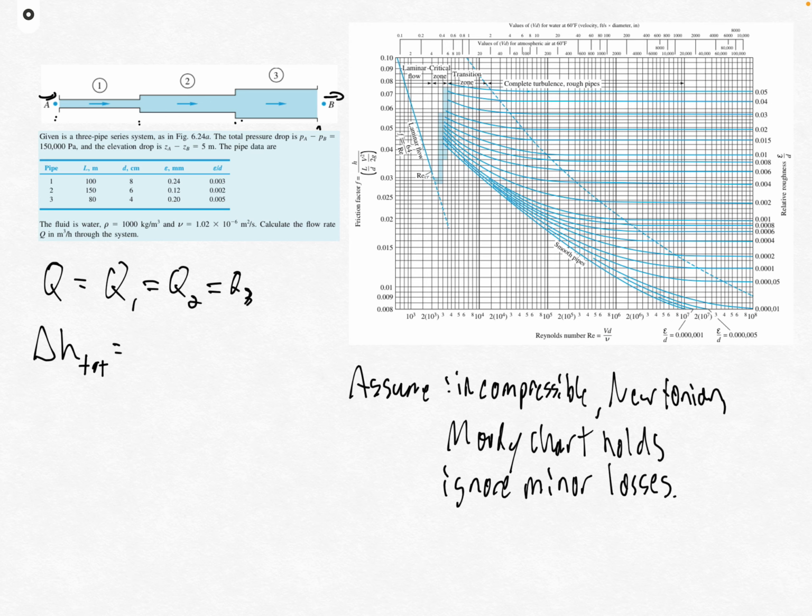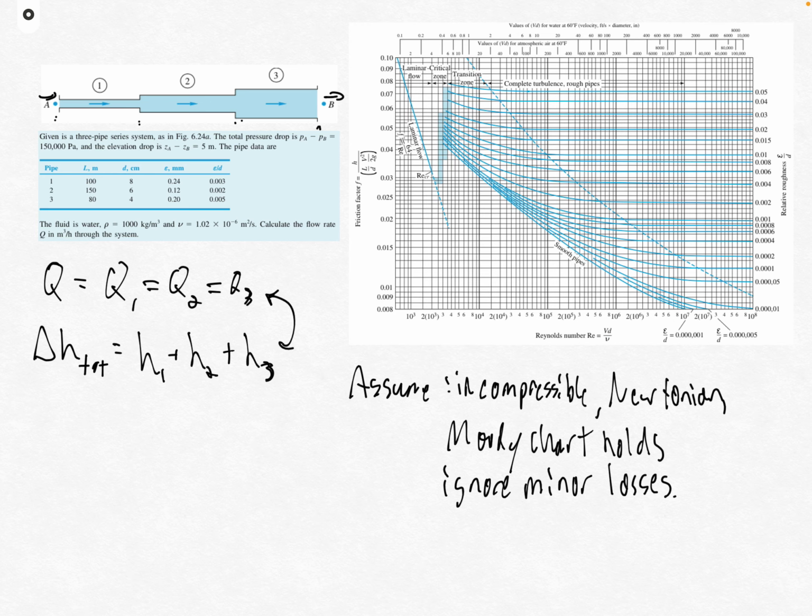So delta H total is going to be H1 plus H2 plus H3. If you compare this to the case for pipes in parallel, you'll see that these two relationships are more or less inverted from one case to the other. If that's new to you, then please go back and review the pipes in parallel example.